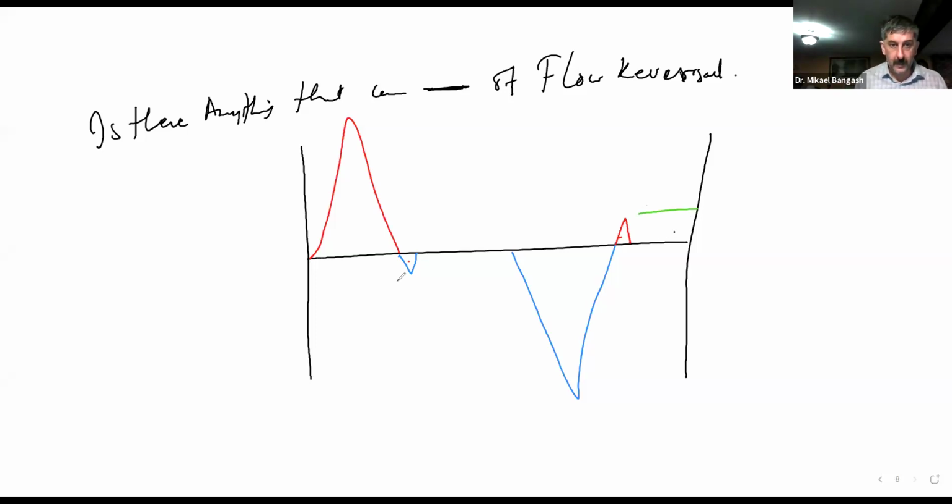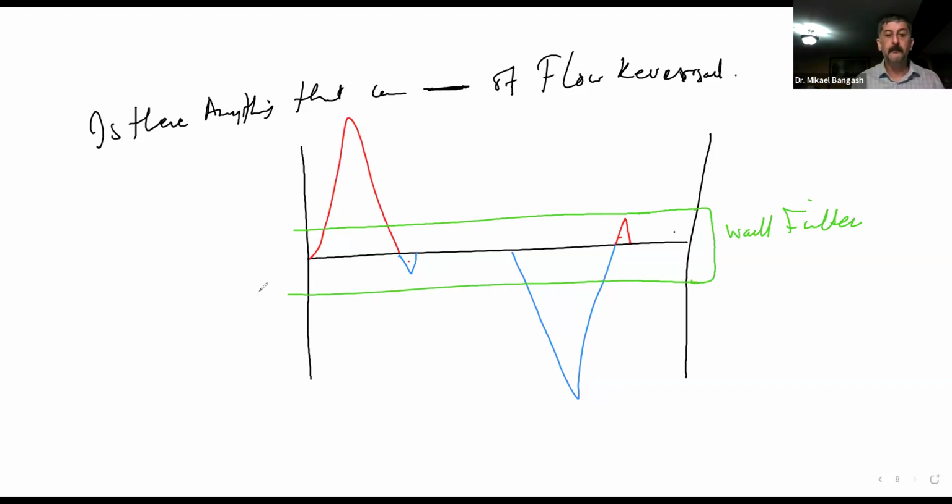Now, please keep in mind, guys, wall filter. But what would that mean you do? Well, it will filter out all this, and may filter out this.